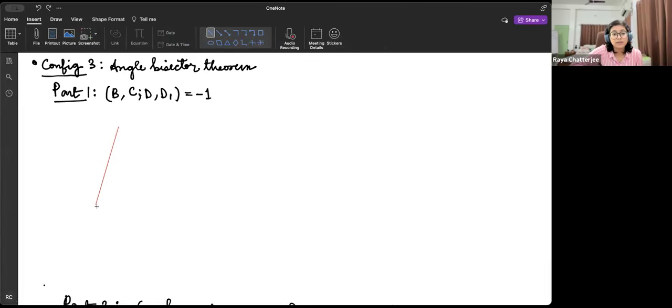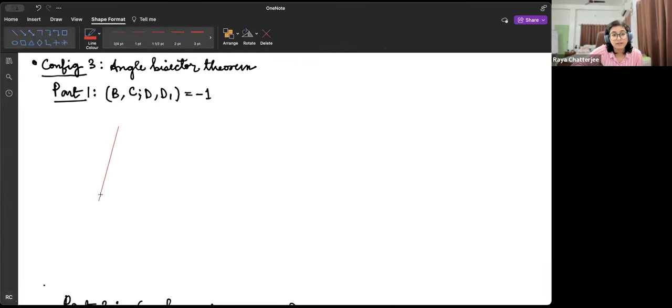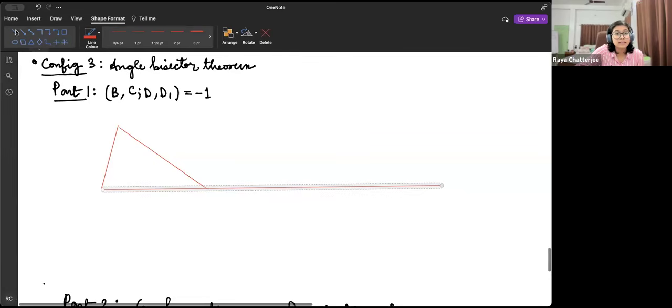So if you have a triangle ABC and you have both the internal and external angle bisectors, let's say the internal angle bisector of angle A intersects BC at D and the external one intersects BC at D prime, then the thing you can say is that (B, C; D, D prime) is -1.